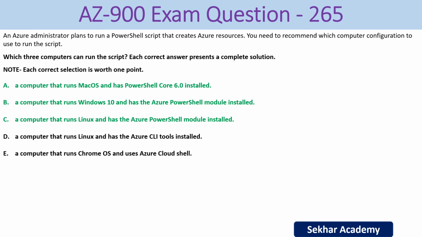That's option B, right? In this question the computer has the Azure PowerShell module installed, so that's why option B is also the right answer here. And C is also right.